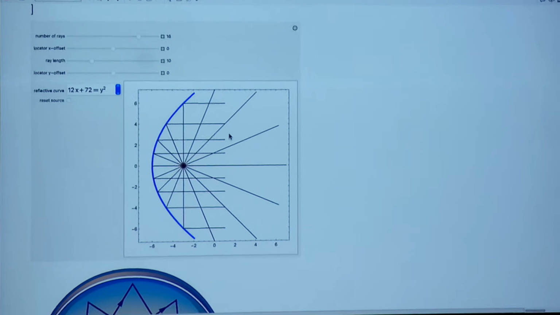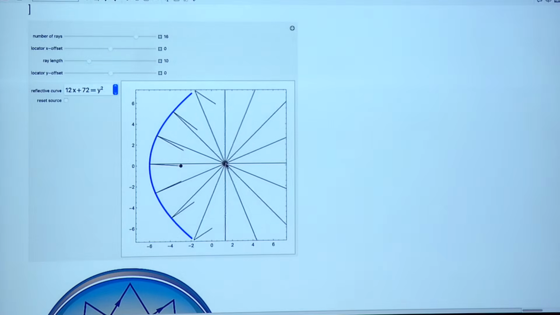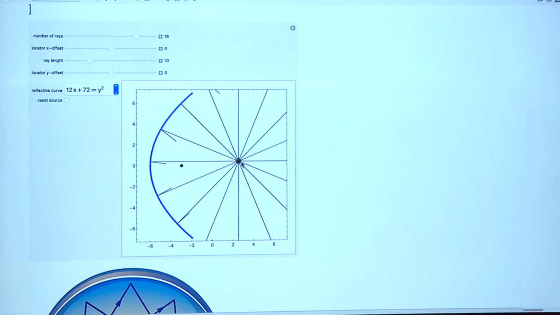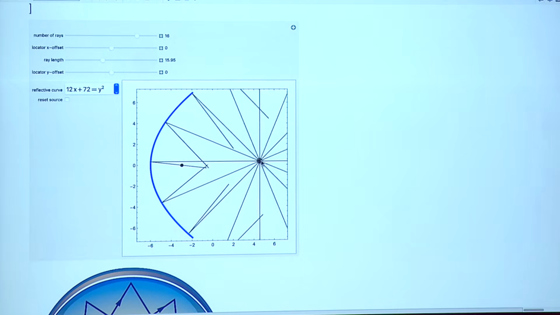Okay, so what we can do is throw rays at these conics and see what happens. Here is the source of light, that's my point. Let's make the ray a little bit longer. And you see that if I don't choose well the point where I start, then the rays scatter.